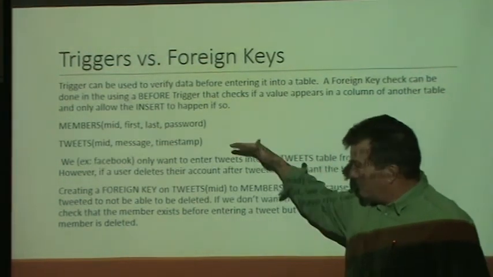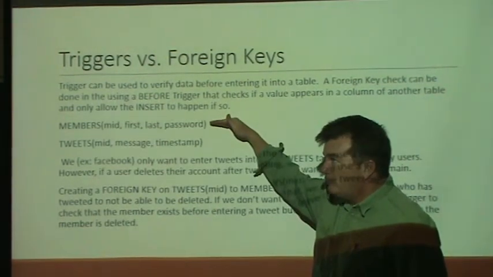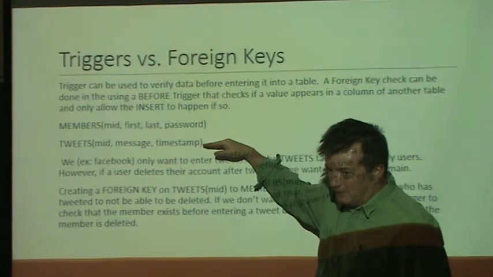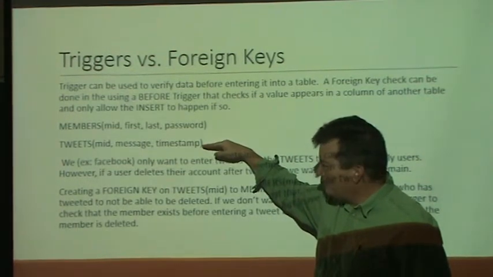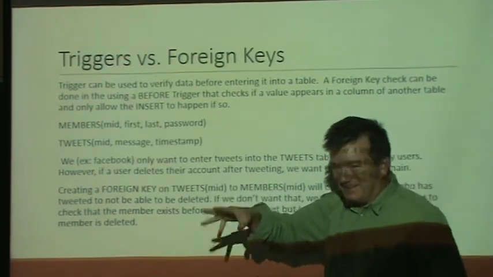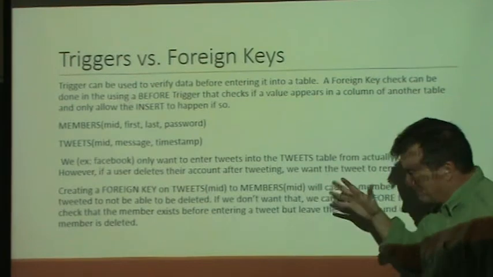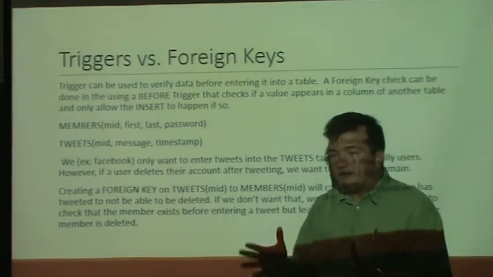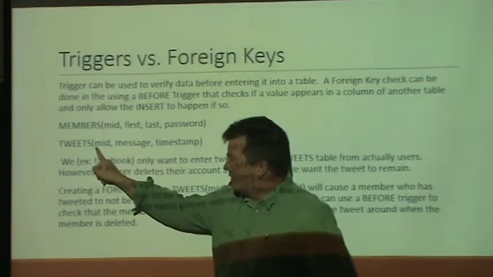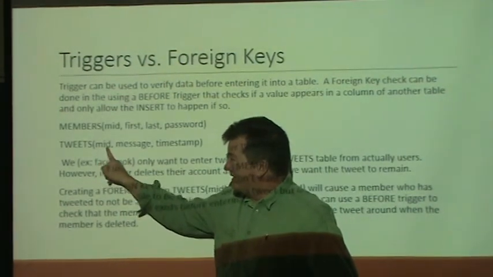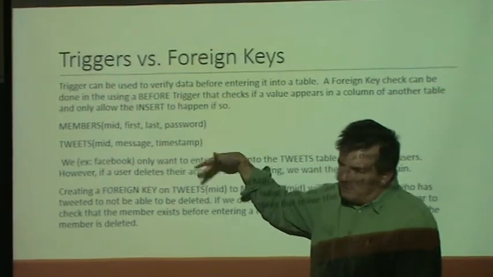And we want to let them make tweets, but if they want to delete themselves, we wanted their tweets to be around after they delete themselves, we'd have to make them sign some agreement that says, if you start doing tweets and then delete yourself, your tweets stay around. Something like that. But let's say we wanted to design it that way. We wouldn't want to put a foreign key restriction here, because we'd like to actually let the person delete themselves but leave their tweets around.